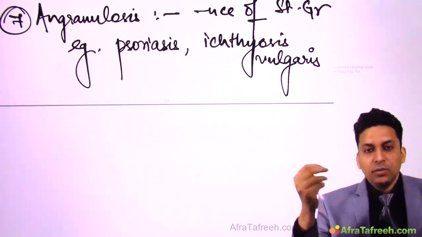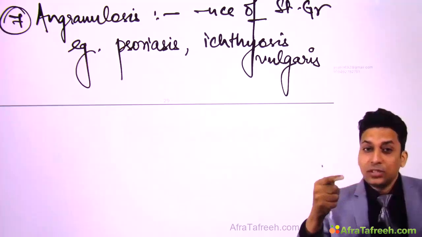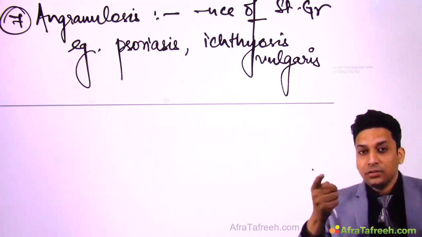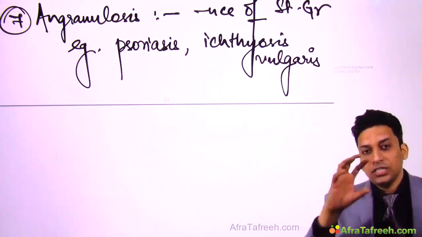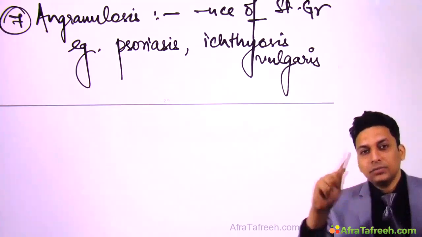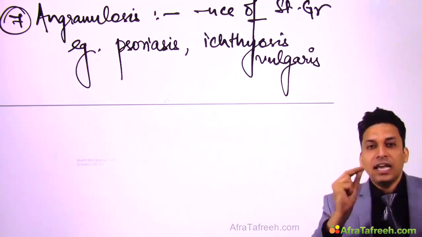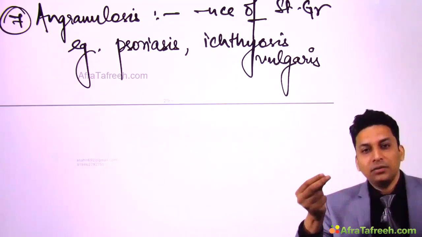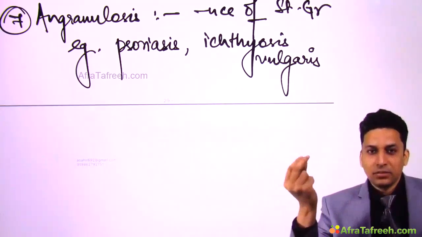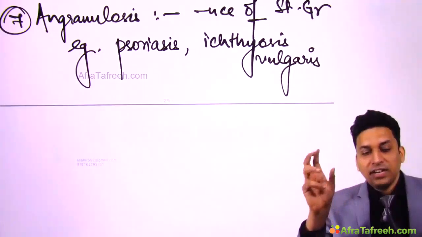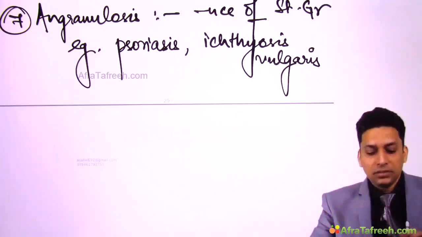So in these conditions you might find angranulosis. I told you acanthosis is also seen in psoriasis. Which type of acanthosis? Regular acanthosis. So if the question is asked that regular acanthosis with angranulosis is a feature of, the answer becomes psoriasis. If the question is asked irregular acanthosis with hypergranulosis is a feature of, the answer becomes lichen planus. So remember these histological findings. Many a times these are the clue to the answer.